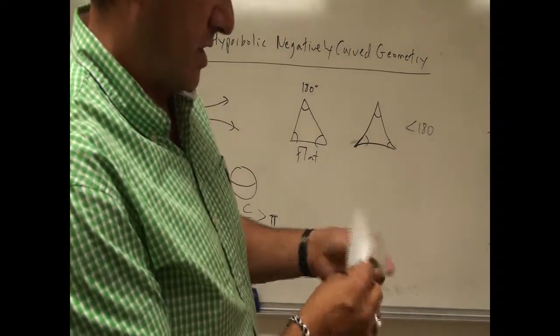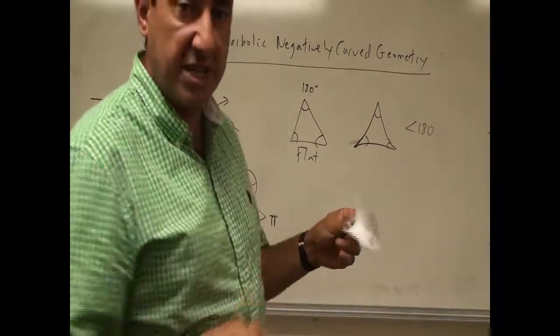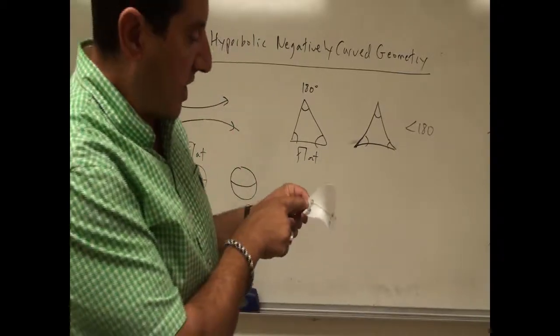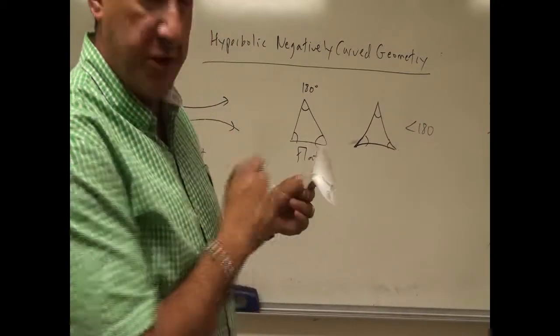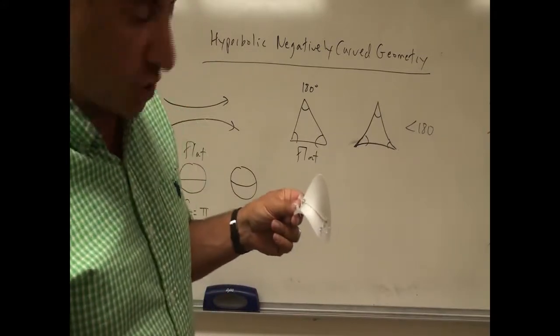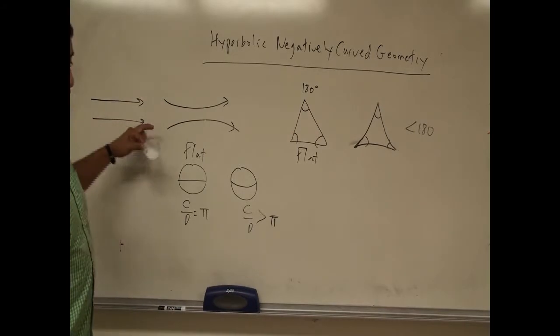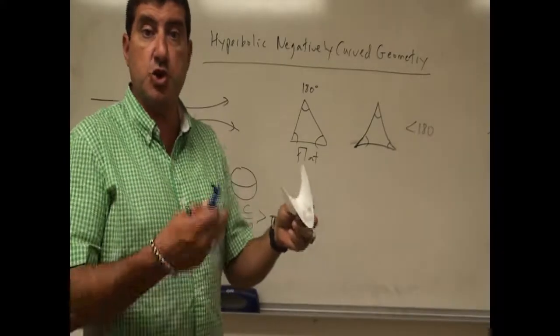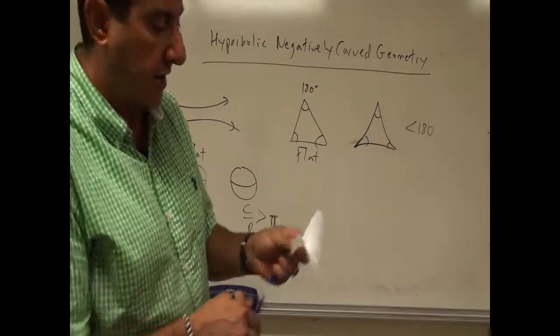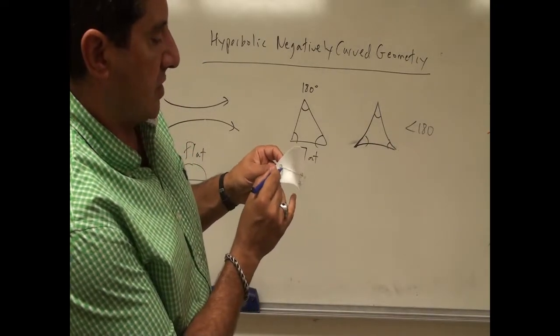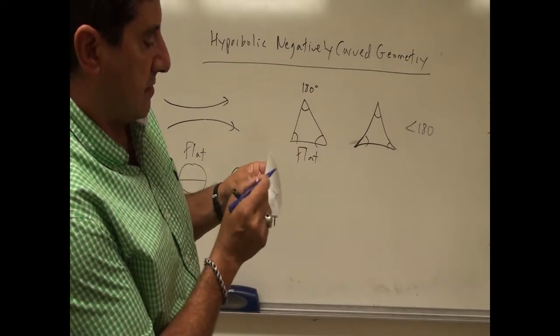The string will form the geodesic. Remember, I've explained that before. It's the shortest line between two points on a curved space. On a flat geometry, a geodesic will be straight, but on a curved space like this, the geodesic will be curved. Then you just draw the straight line as formed by this string. Just follow that line.